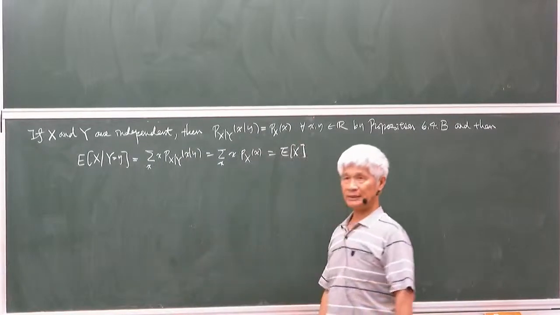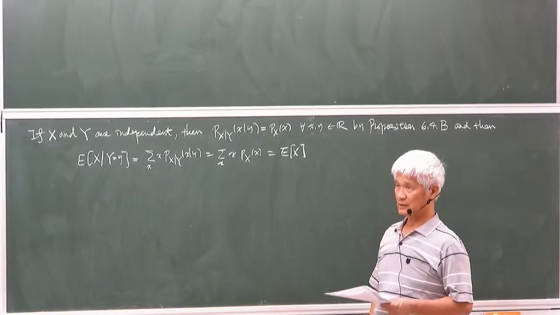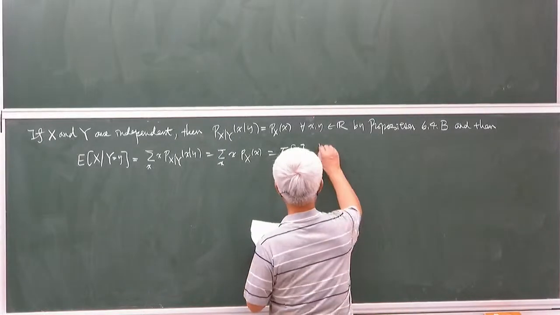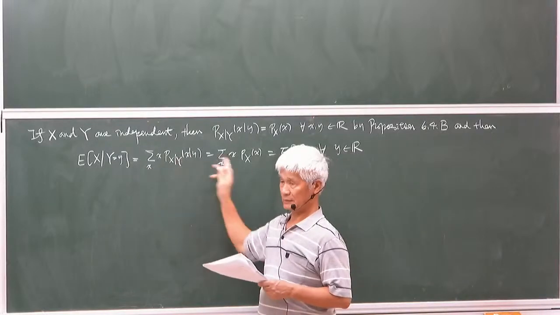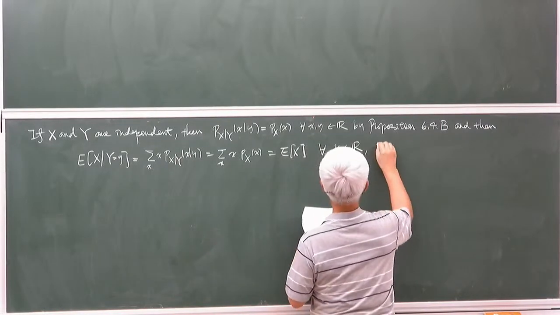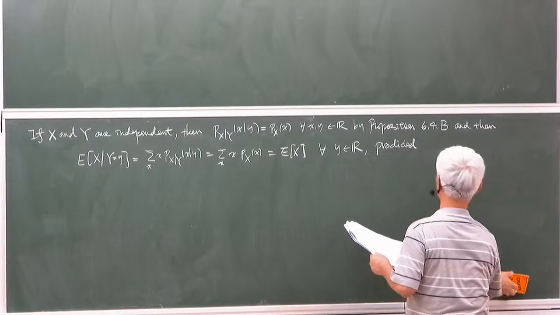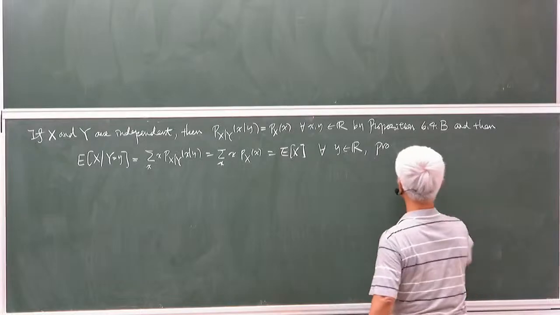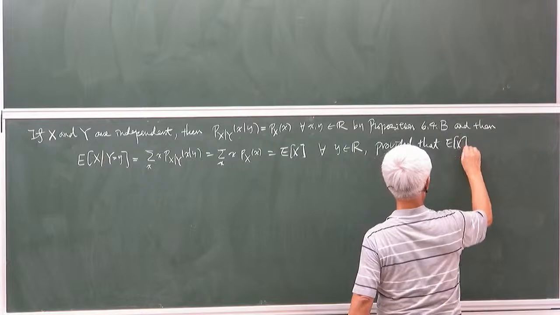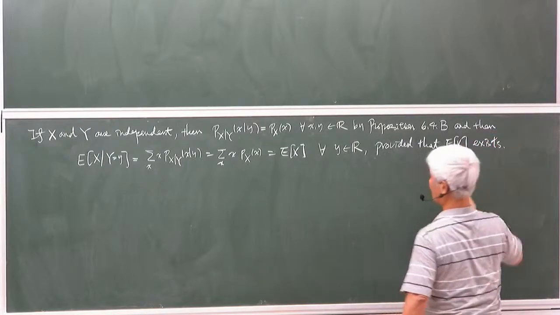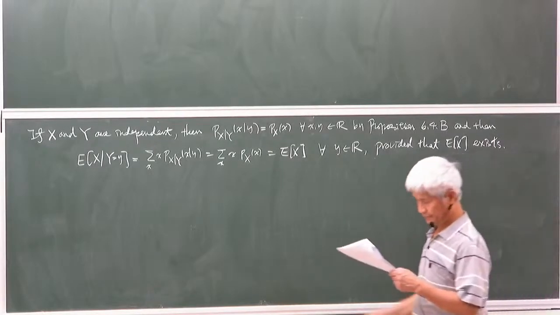You can see it's a constant, which is just the unconditional expectation of random variable X. This is for all y, provided that the expectation of X exists. So this is a special case.